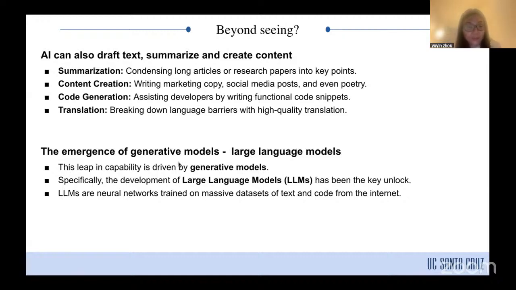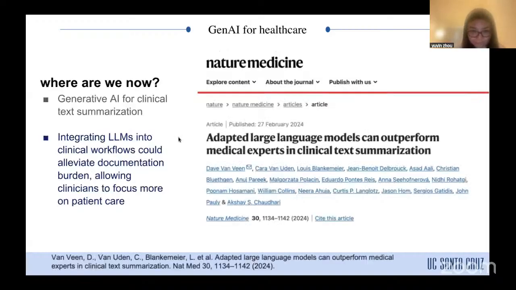The success comes from being trained on massive data scraped online. By training on this massive data, we can get a very powerful foundation model that can achieve a variety of different tasks. So let's see what it can do in the domain of healthcare.